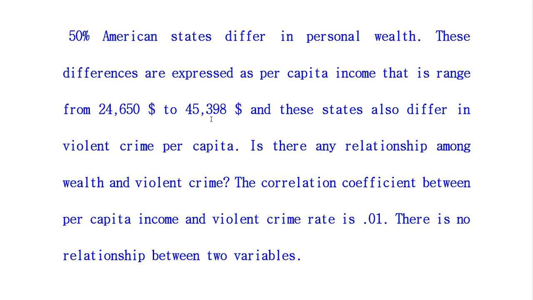Is there any relationship between wealth and violent crime? The correlation coefficient between per capita income and violent crime rate is 0.01. There is no relationship between the two variables.